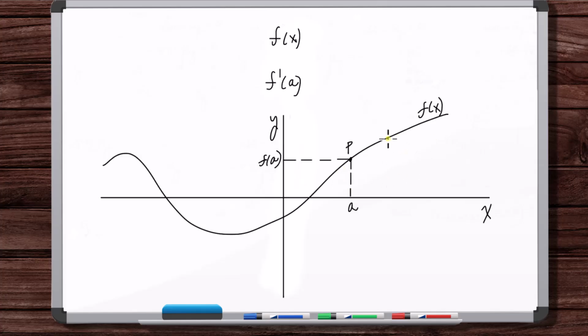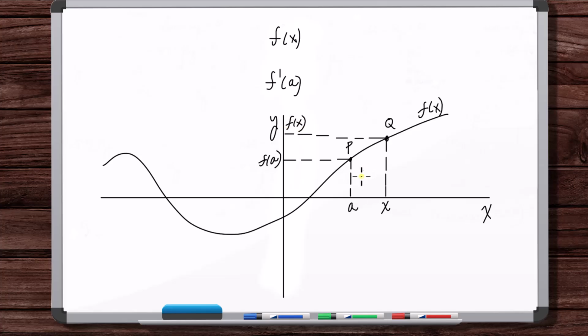So let's choose some arbitrary point Q. And so again, point Q can be any point, so its coordinates we'll just say are x, and then the y coordinate is f of x.